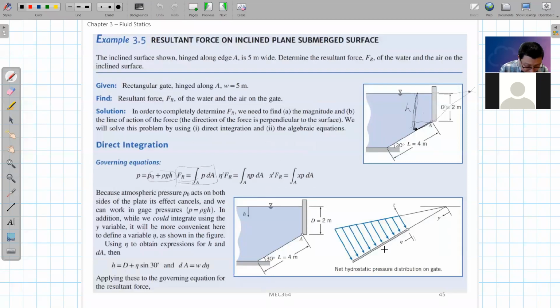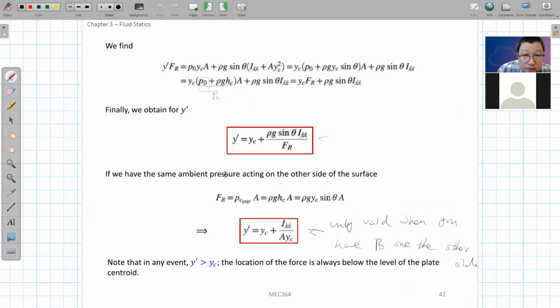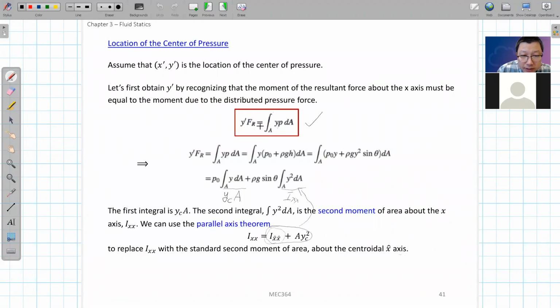To calculate the eta prime, which is the y direction coordinate of the center of pressure, we can start from the moment balance, right? From the moment balance, y prime times FR will be equal to the integration of eta times p times dA.